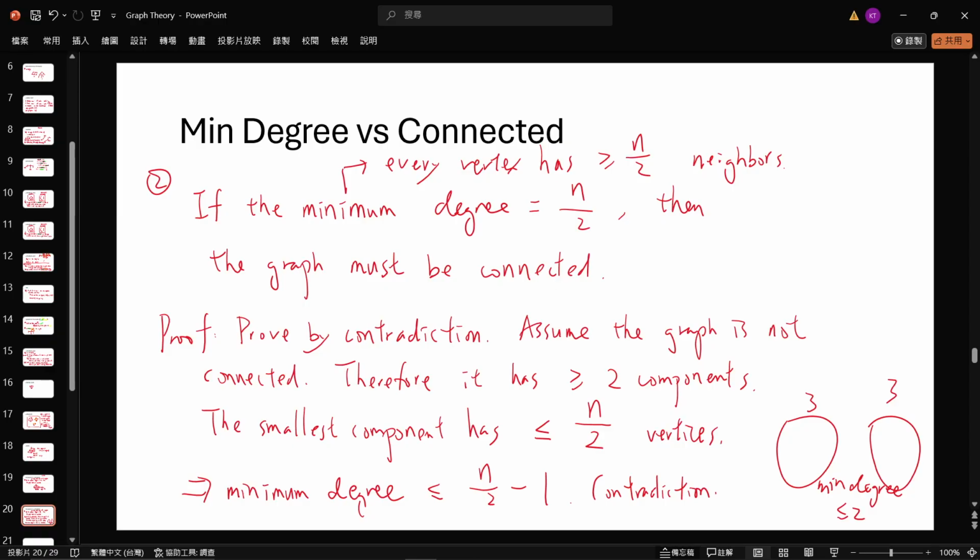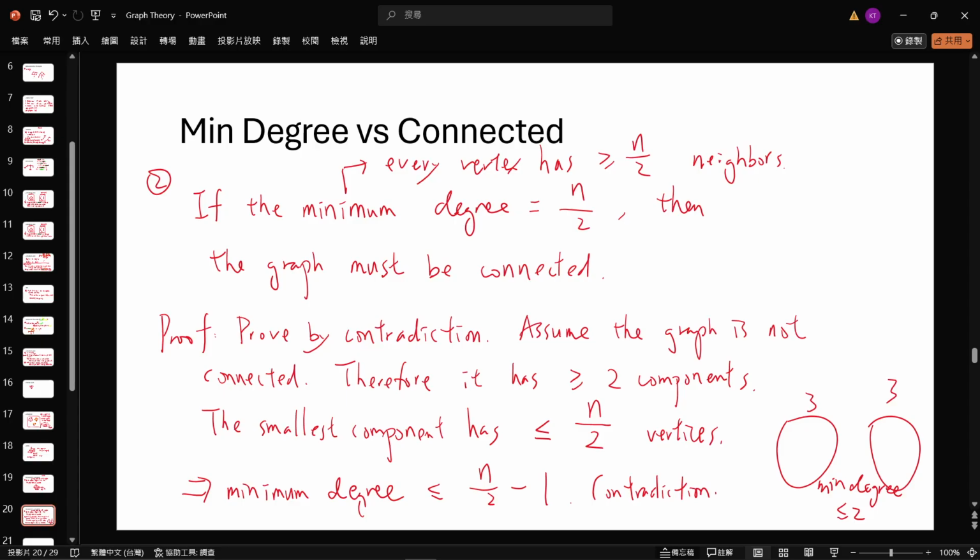Okay. Any questions? So we just talked about the definition of connected graph. Okay. Directed graph. Mm-hmm. So I'm wondering if there's a connected definition for directed graph. Connected graph for directed graph. Yeah, so there are actually two types of connectivity or connected graph for directed graph.